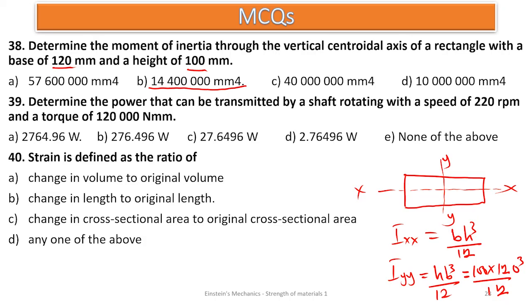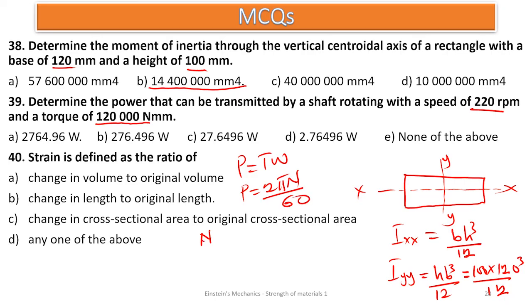39. Determine the power that can be transmitted by a shaft rotating with a speed of 220 rpm and a torque of this mm. So first we have the N. We know that the power transmitted is going to be the torque times omega, or 2 pi N on 60.